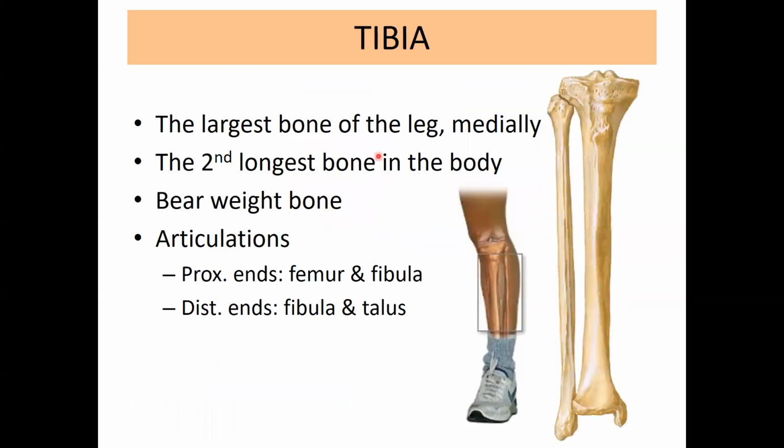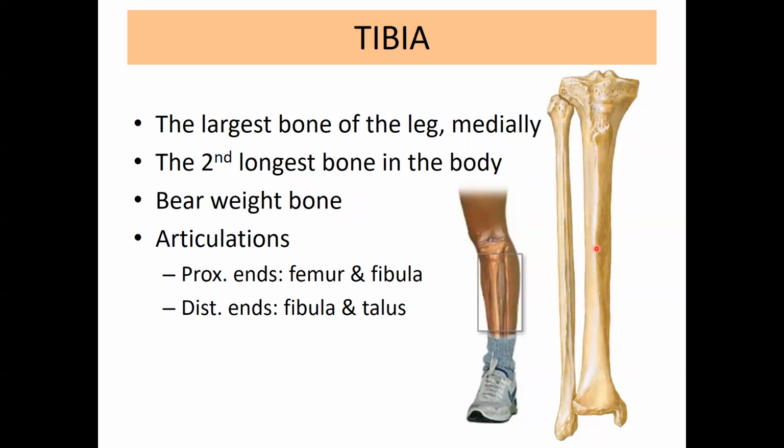Okay, now we go to the tibia. These are the bones of the leg, which are tibia and fibula. Now we talk about tibia. Tibia is the largest bone of the leg. What is the largest bone in the body? It is the femur, and the strongest is also femur, and the longest is also the femur. So the second longest bone in the body is called tibia.